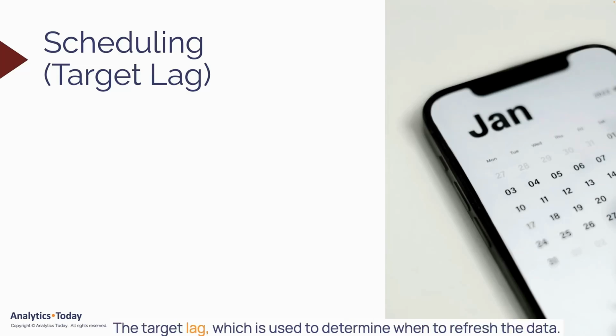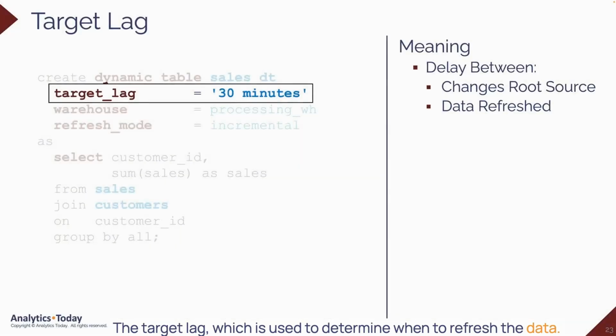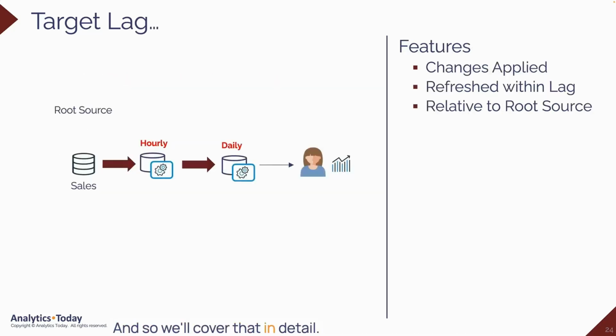The target lag, which is used to determine when to refresh the data. The target lag, in this case we've got 30 minutes, is the delay between changes in the root source and when this table is refreshed. That's important to remember, and so we'll cover that in detail. So let's say we've got changes applied.